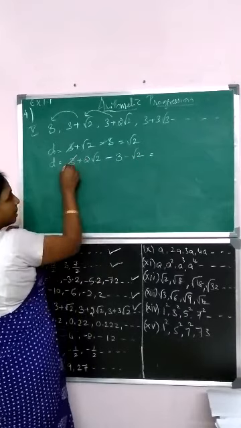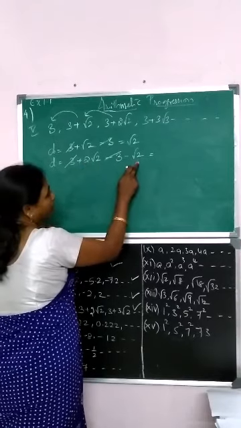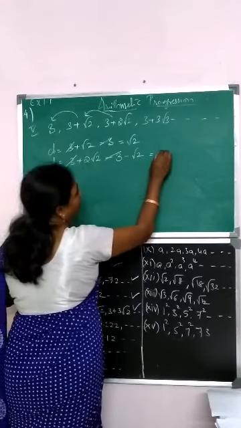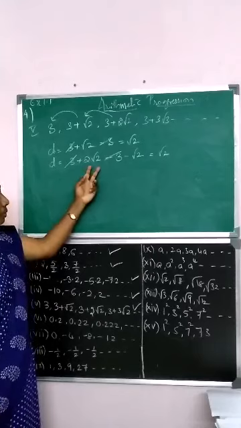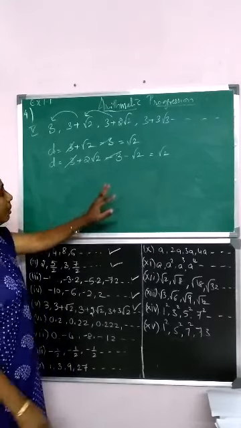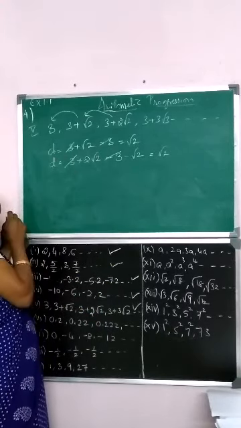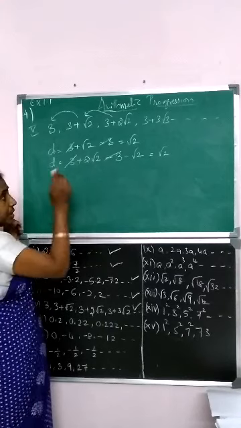So what happens here? Plus 3 minus 3 get cancelled and from 2 root 2, if 1 root 2 is removed, 1 root 2 remains. From 2 root 2, 1 root 2 is removed. Okay. Now we have root 2 as a common difference. That is, it is fixed. That means it is in AP.